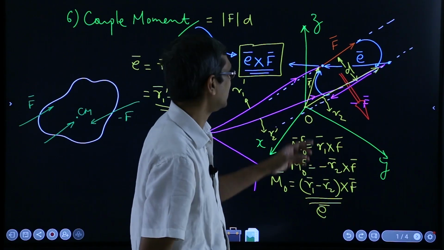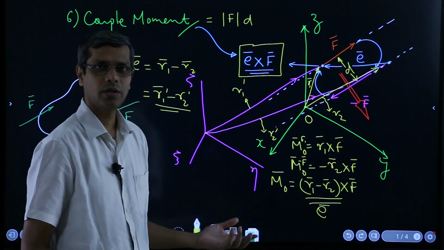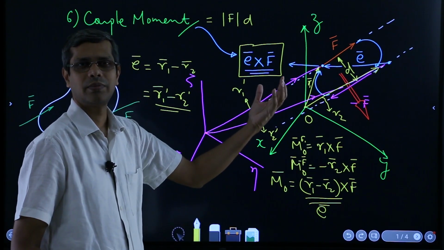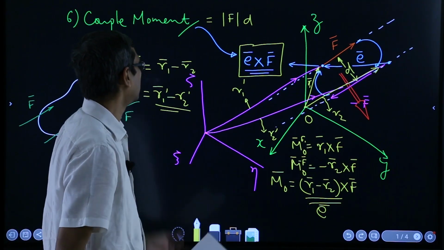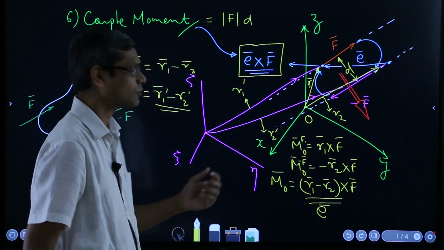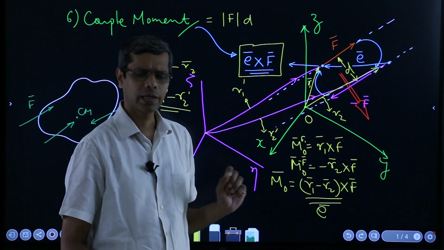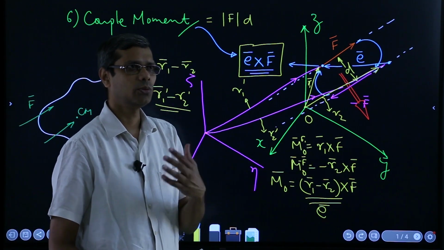So, then you can say that this vector M naught is a free vector. It doesn't have any change in effects if you move it around. So that is a very important free vector, which you can use.